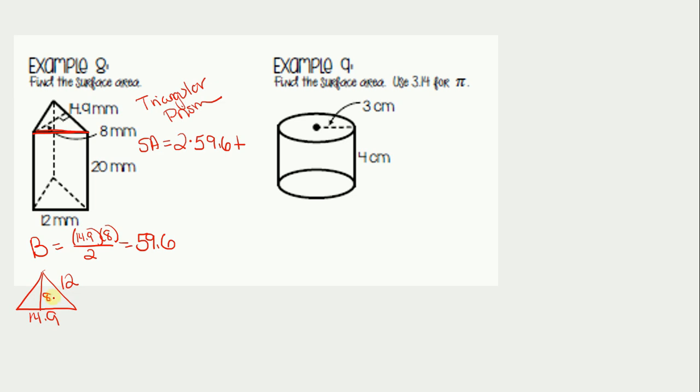So I think I'm going to have to find this last side here, which tells me that I'm going to have to use probably Pythagorean Theorem, because I don't know anything about if it's like a 30, 60, 90 or anything, so I can't use SOHCAHTOA. I'm going to have to use Pythagorean Theorem.